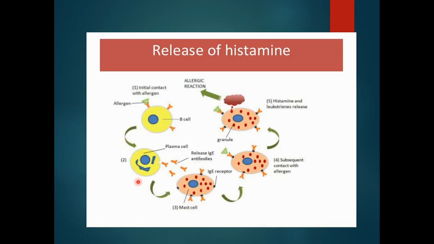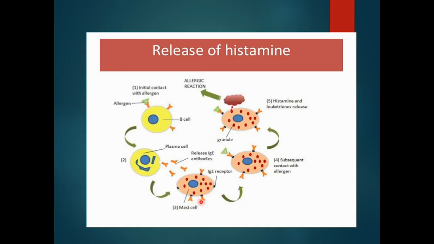So this is a diagrammatic representation of how histamine will be released. The first step is when an allergen comes in contact with a B cell, it results in the production of large amounts of IgE antibodies. These IgE molecules attach themselves to mast cells.